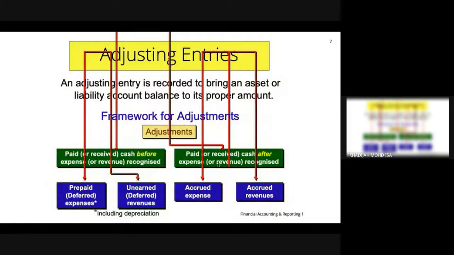You have not earned the revenue, but you have received the cash. For example, this one is very rare, but when you sell goods, you have not sold the goods, but the customer has actually paid for the stock, paid in advance. So that's what we call unearned revenue. Accrued expenses means that expenses have been incurred, but you have not paid. Accrued revenue has been earned, but not paid.